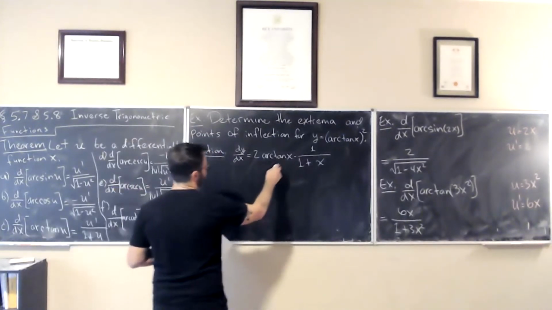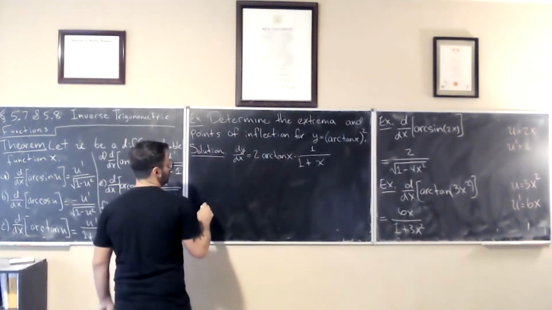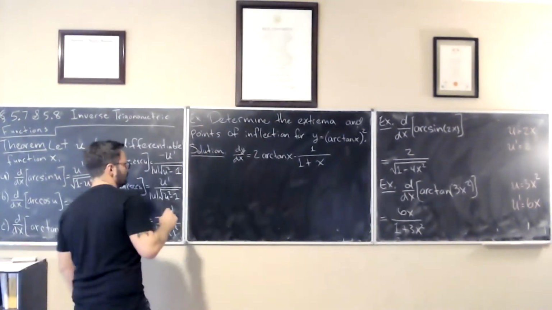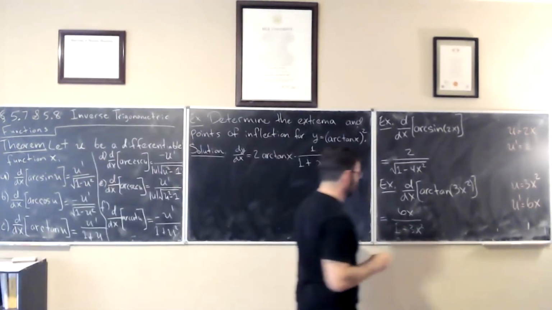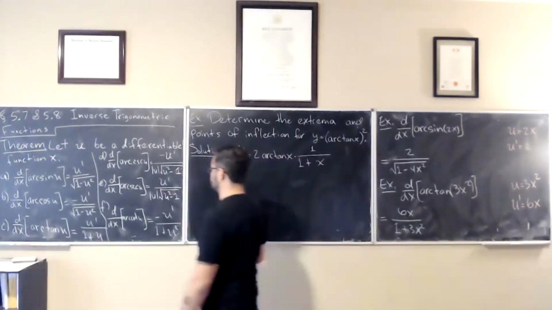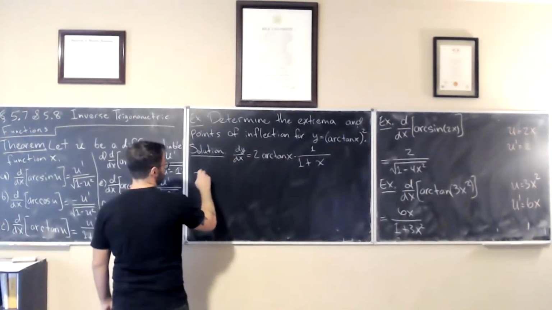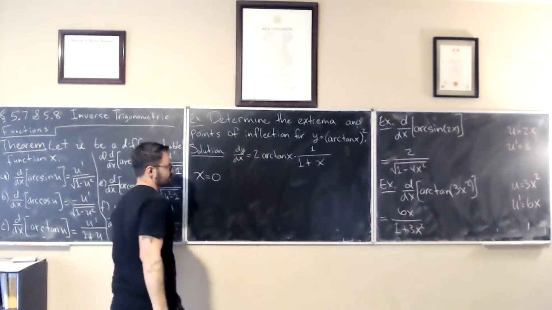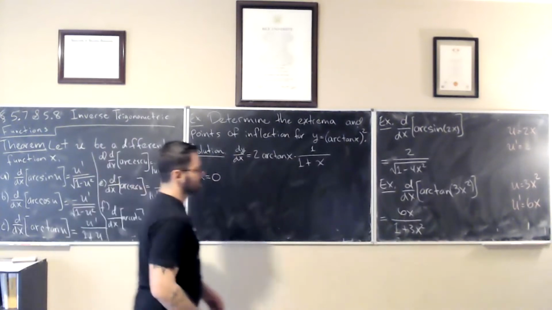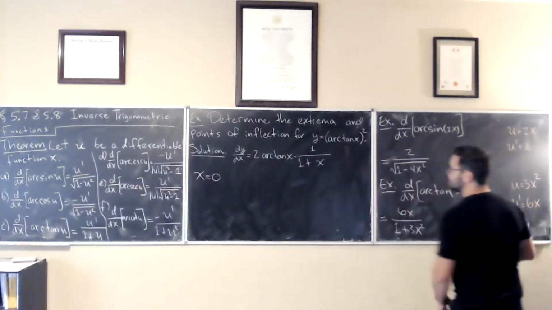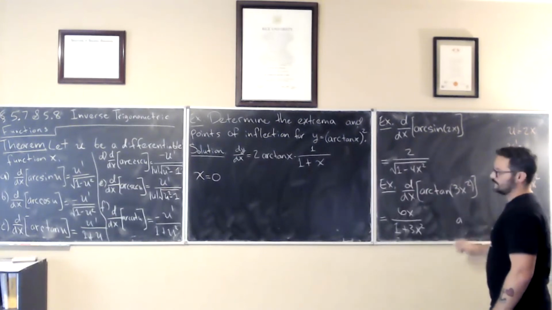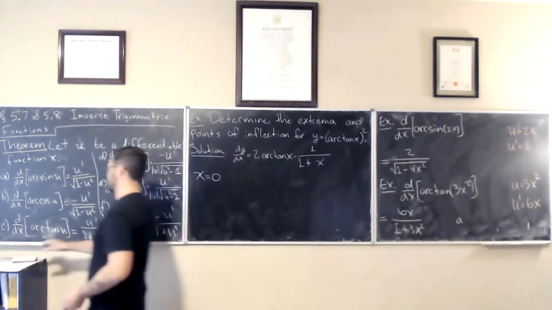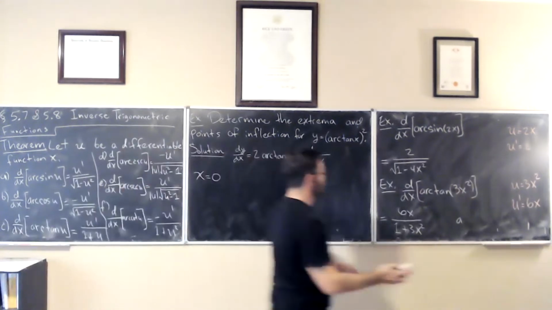This is going to be 0 at what? Well, it's going to be 0 at x equals 0. In fact, that'll be something for you to think about. So this is like scratch work. There's going to be a lot of parts of this problem.